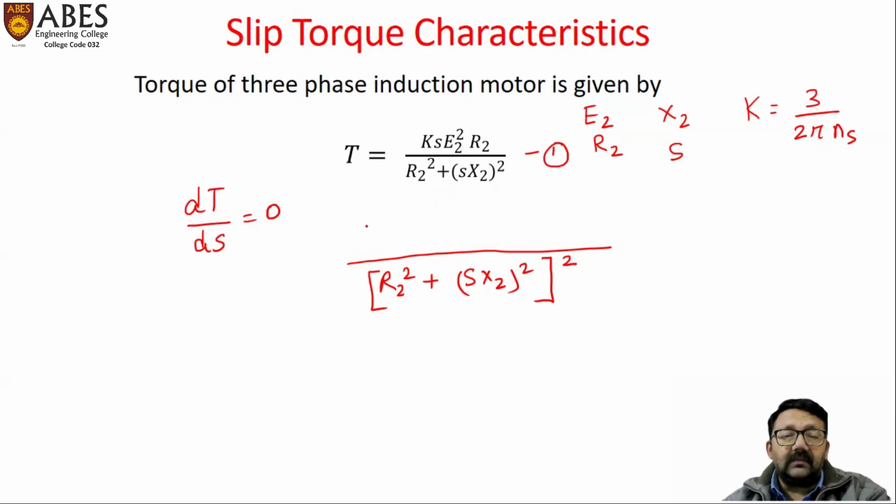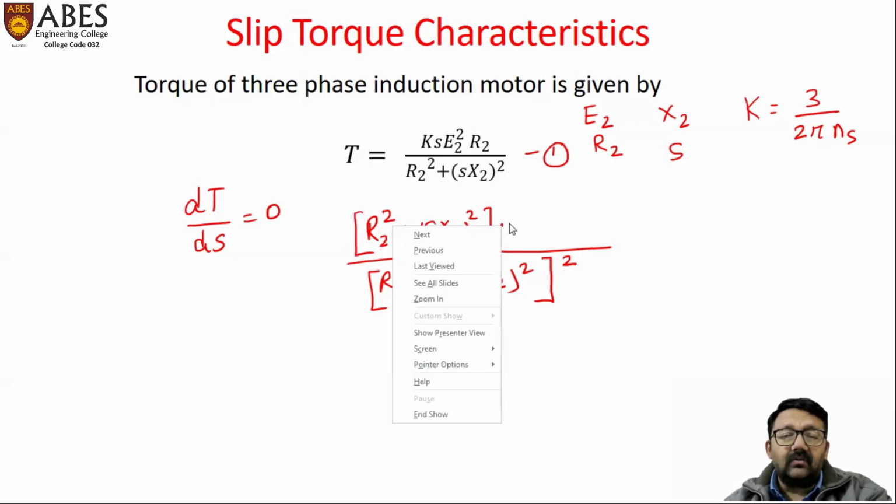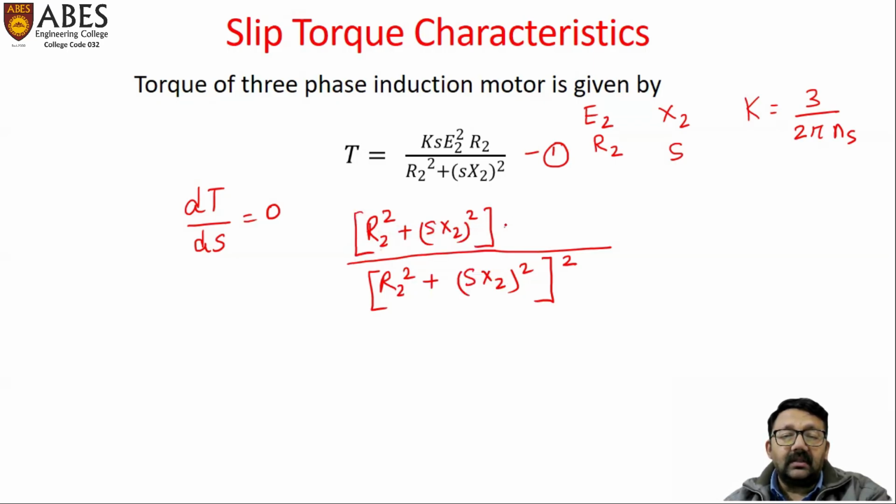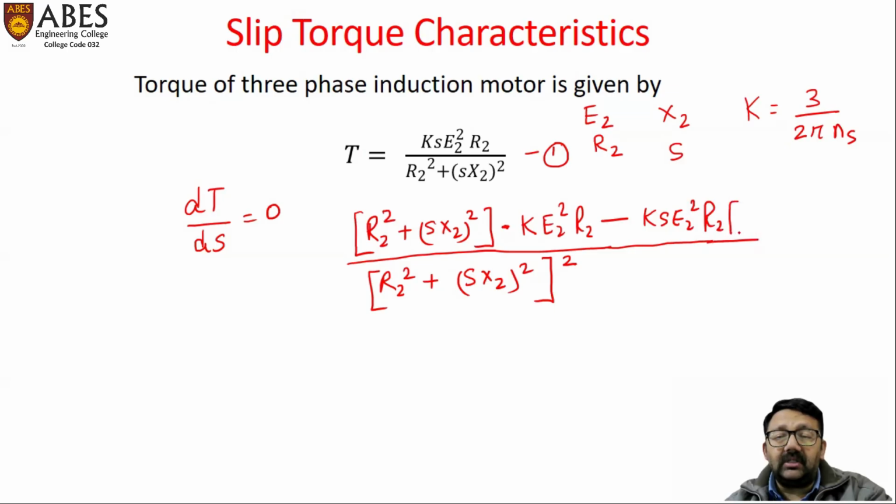And in the numerator, we take the denominator term as it is, into the derivative of the numerator with respect to s, so what we get is K E2 square R2, minus the numerator as it is, K S E2 square R2, into the derivative of the denominator.